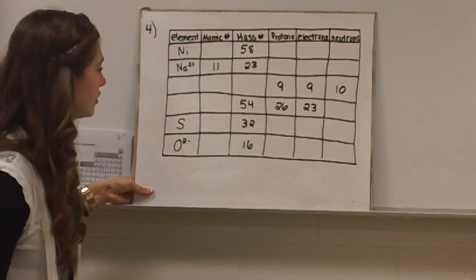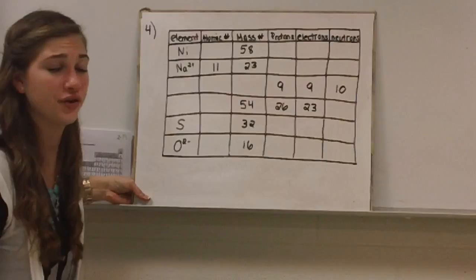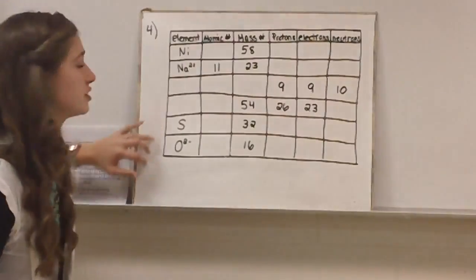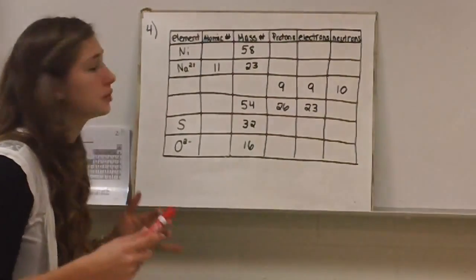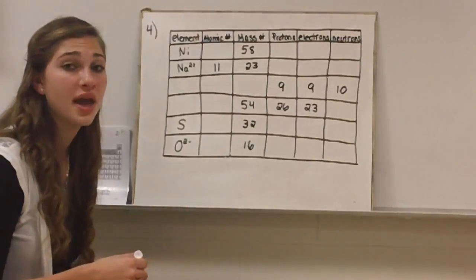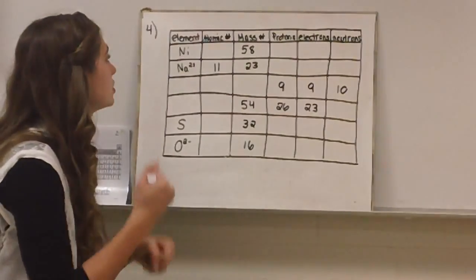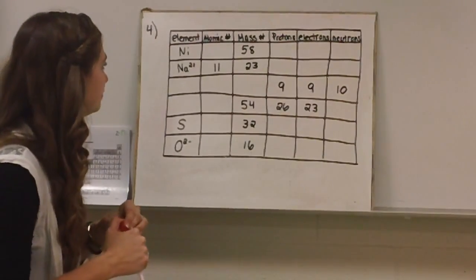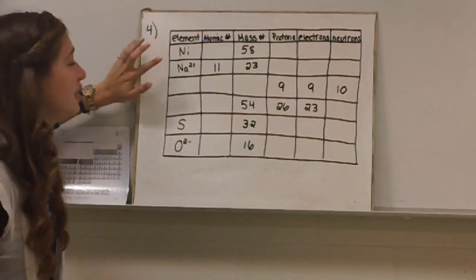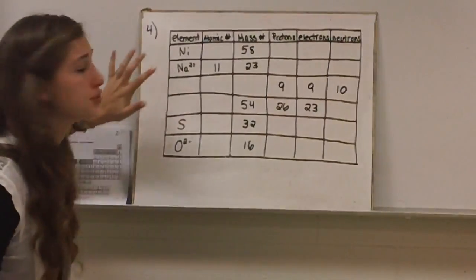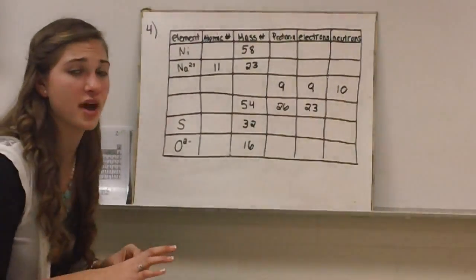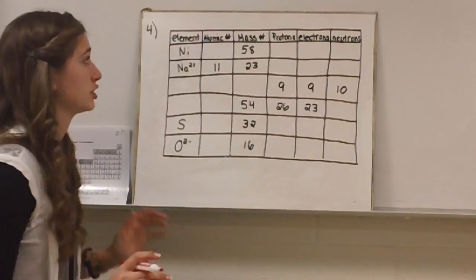Alright, so for this problem, we'll do the first 3 together, and you can try the last 3 on your own. Here, we're going to be dealing with neutral atoms and ions. Let's do this first one. Here we see that nickel is neutral, so we know that we're going to be dealing with the same amount of protons and electrons.